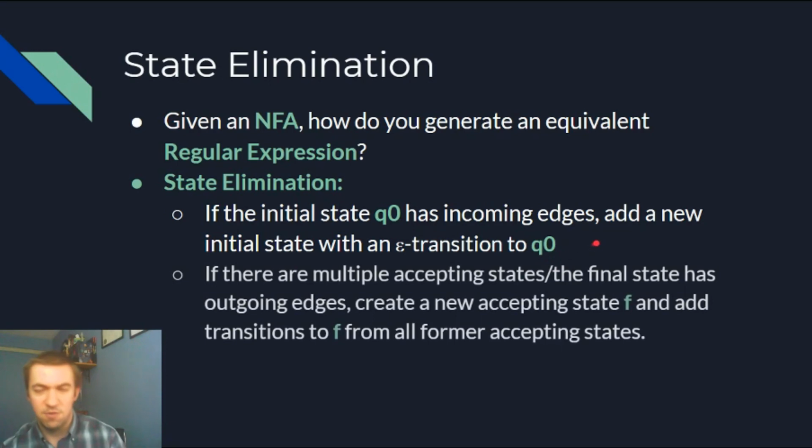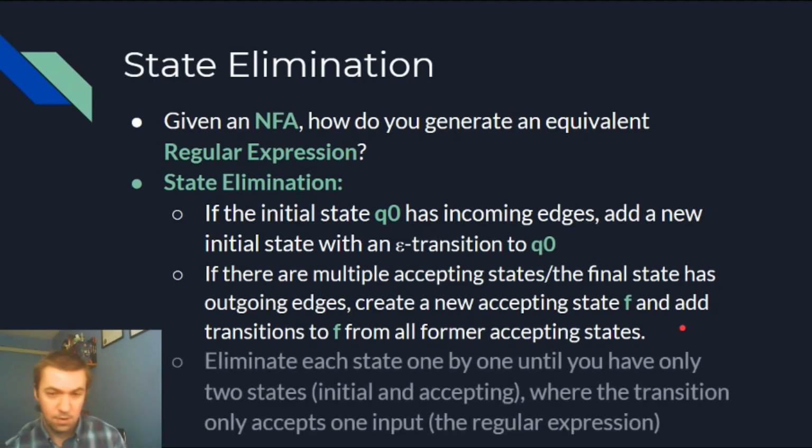Similarly for the end, if we find that there are either multiple accepting states or the final state happens to have outgoing edges, then we're going to make a new accepting state that's called F, and it's going to have transitions from all of the accepting states that we had in our original diagram, and we'll make it so that F is the only accepting state in our new diagram.